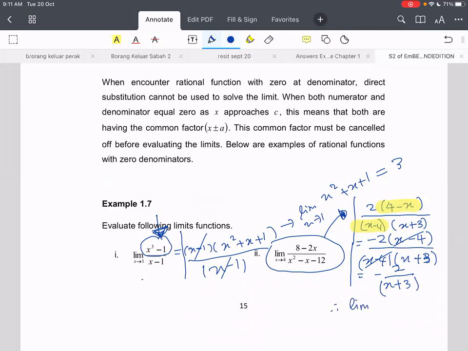Hence, the limit as x approaches 4 for this function is equal to, only then you substitute the x value here. Then you will get minus 2 over 7. Is that clear?